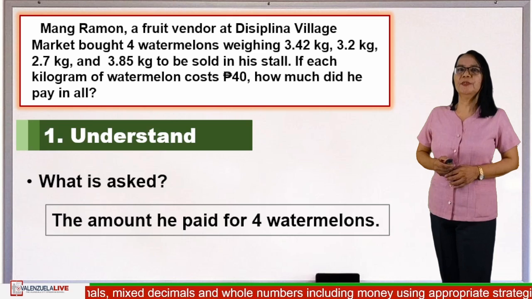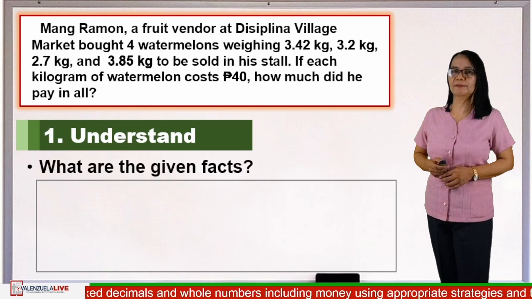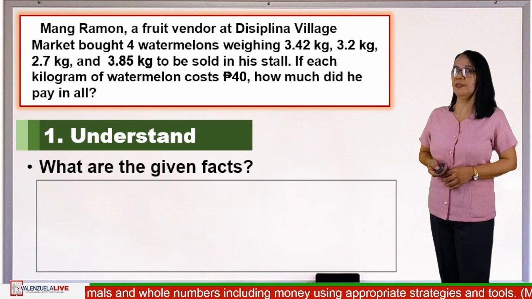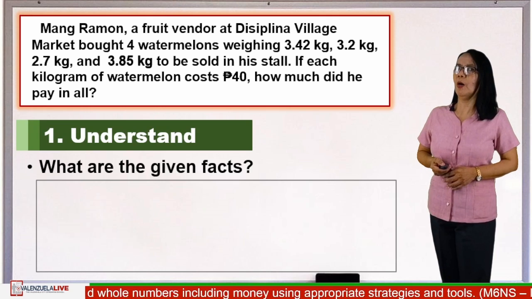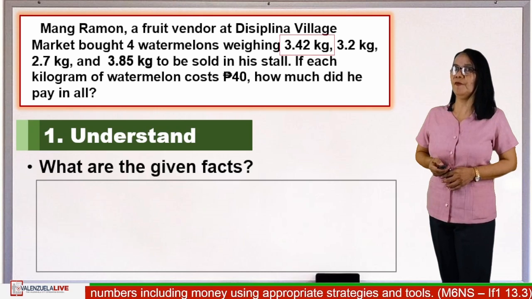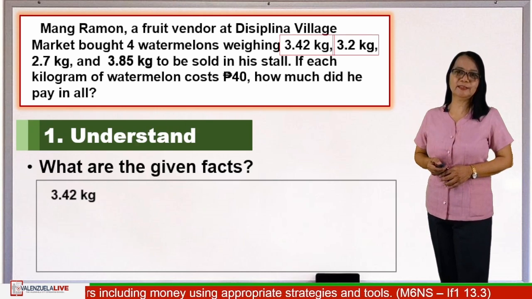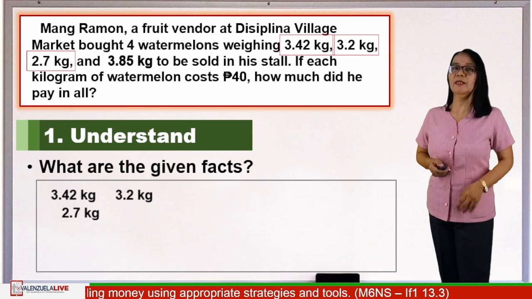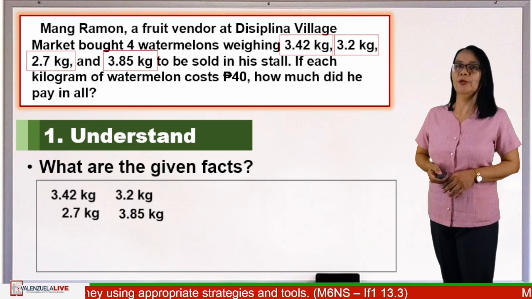We also need to know the given facts or the given numbers. Let's identify the given numbers indicated in this problem. What are they? They are 3 and 42 hundredths kilograms, 3 and 2/10 kilograms, 2 and 7/10 kilograms, and 3 and 85 hundredths kilograms.